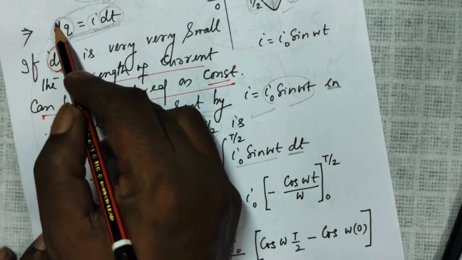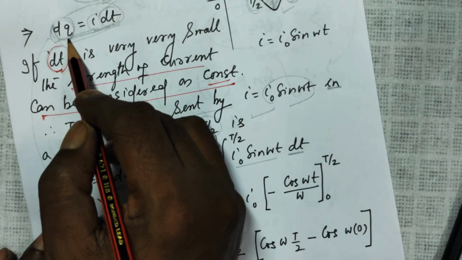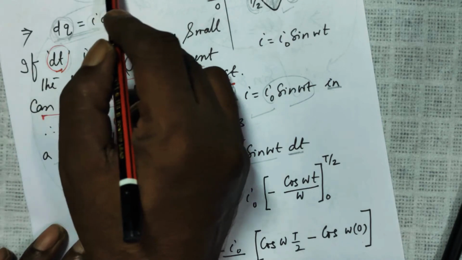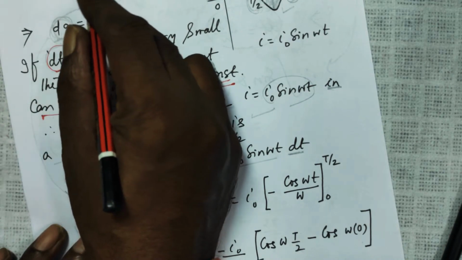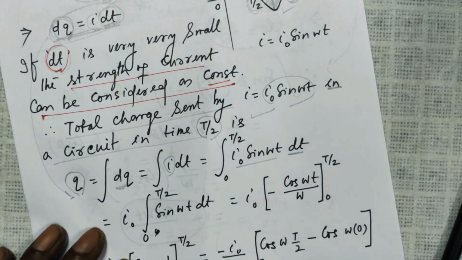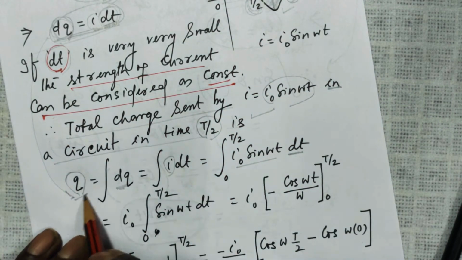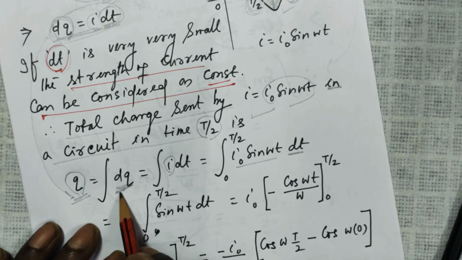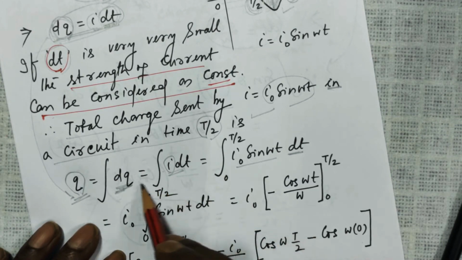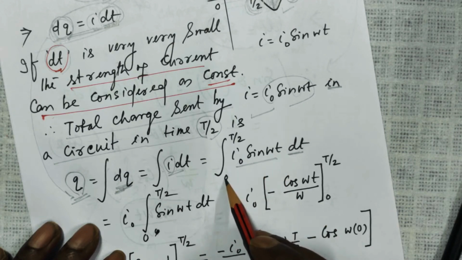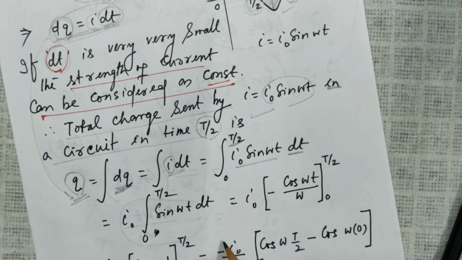So this is the small charge sent through a circuit in time dt due to such a current. Now such a current which is alternating, how much charge will it send through a circuit in time 0 to T by 2? We will get it by integrating. So q is equal to the integration of dq, the integration of I dt. For I put I naught sin omega t from 0 to T by 2.